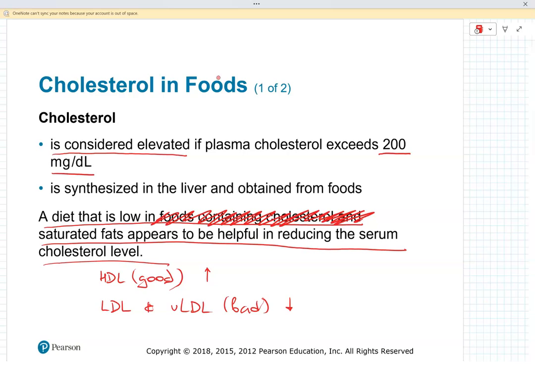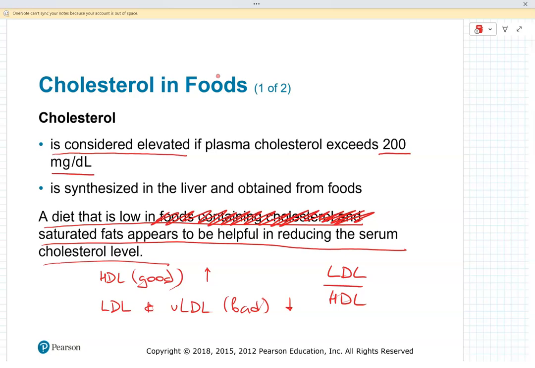And two people can have the same levels of cholesterol, but the ratio between high and low density, the ratio between the good and bad, can be different in those people. So what you need to look at is the LDL to HDL ratio.